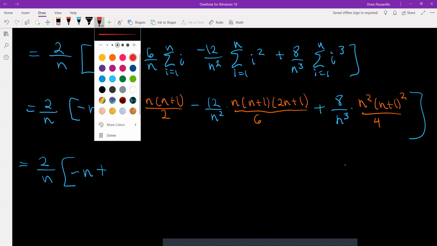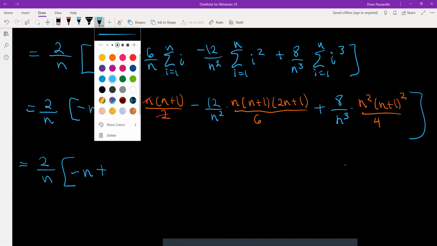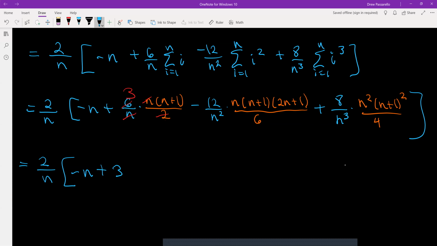Well, I can divide out those n's, and then I can also do 6 divided by 2, which is 3. So that gives me 3 times n plus 1, because the n's divided out, and then 6 divided by 2 is 3.